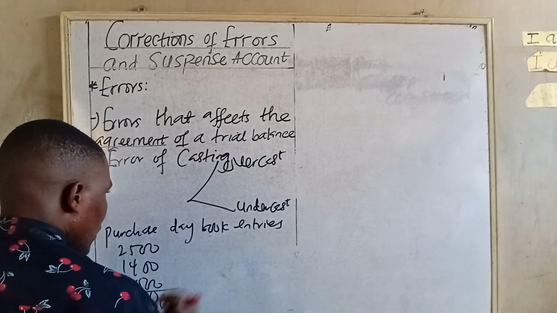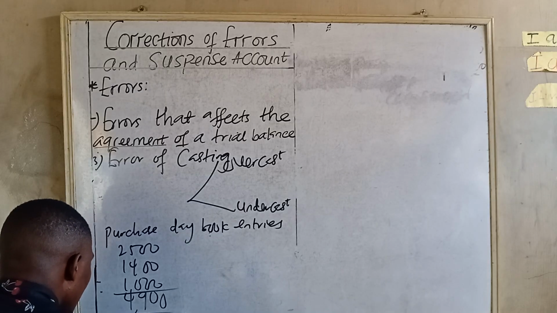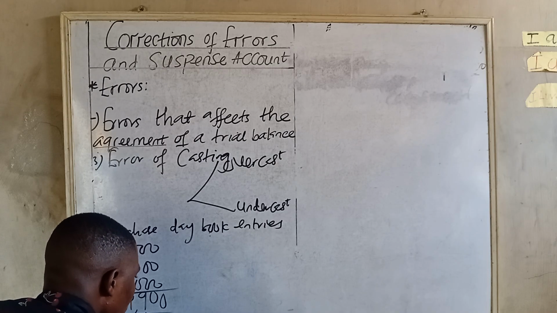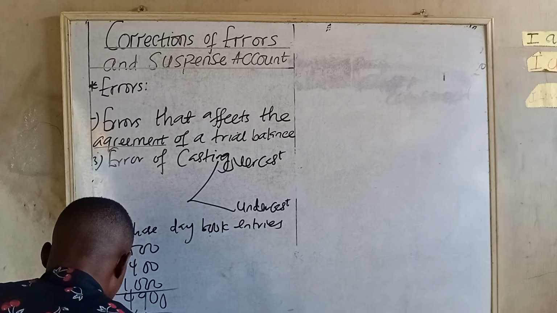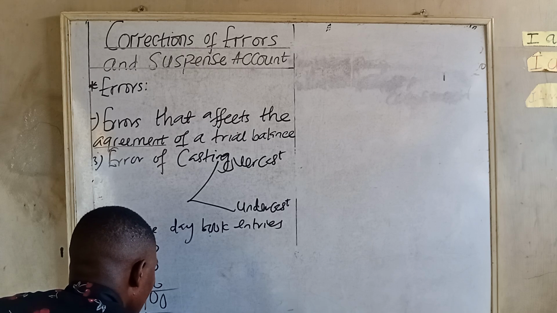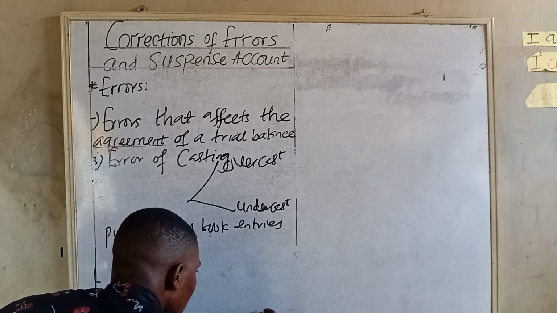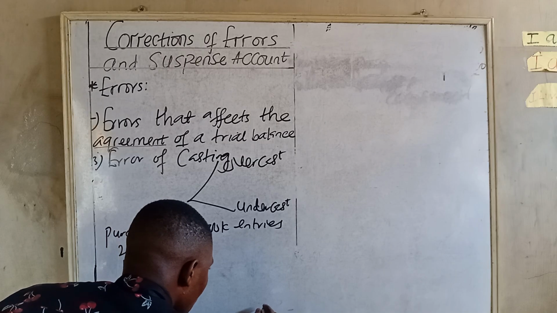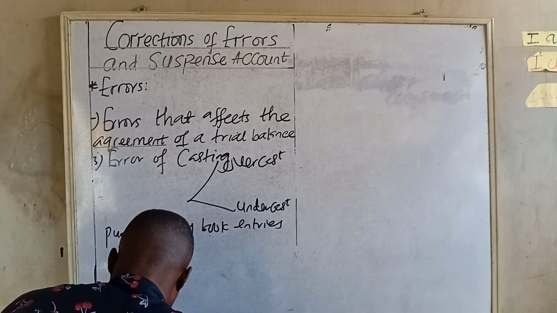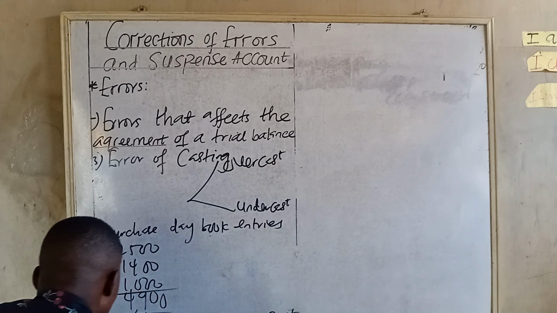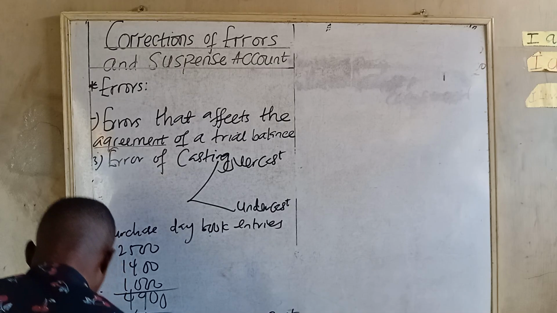Now, let us say the purchase account was undercast, was cast as, let's say, 4,005.